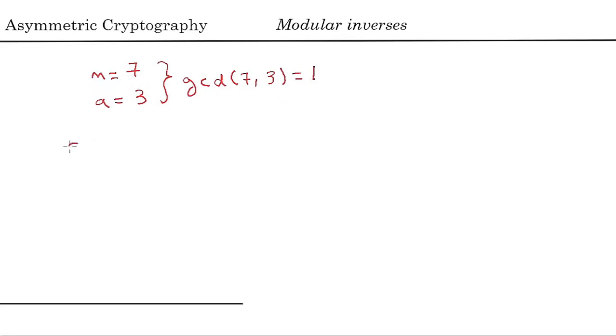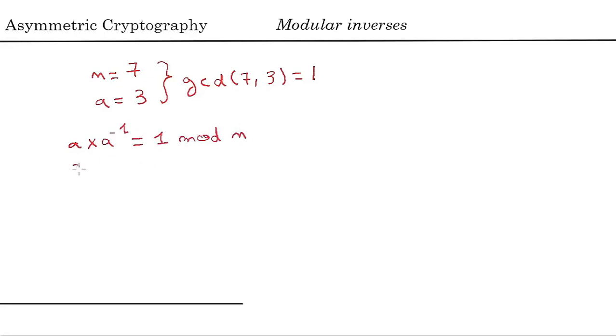There exists a number called the inverse of a, such that a multiplied by its inverse is equal to 1 mod n.